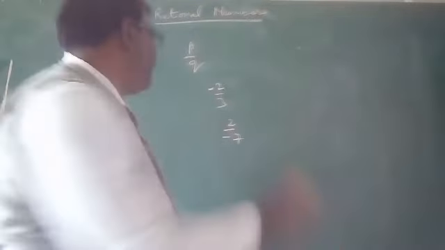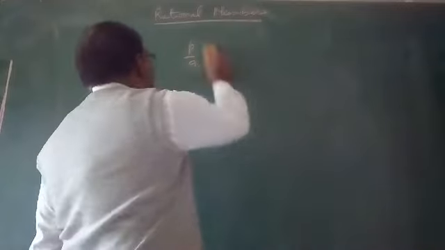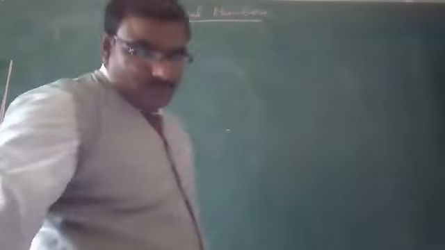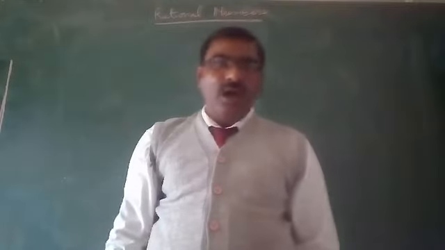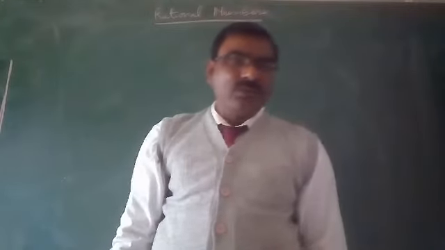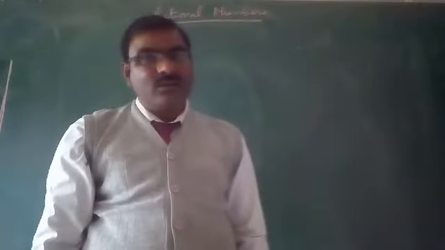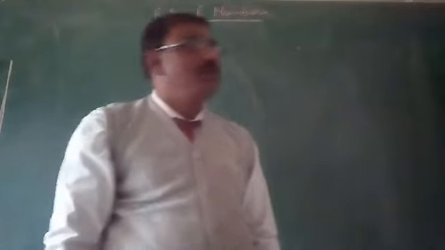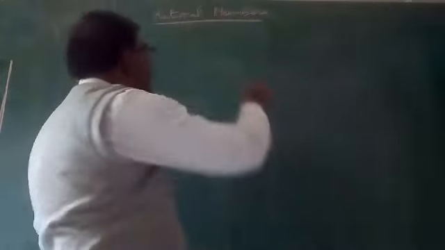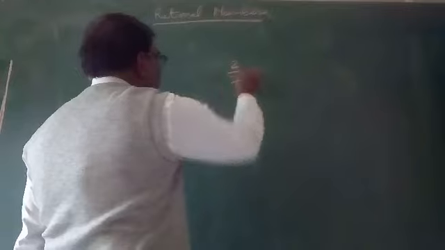But if p and q are both positive or both negative, then the rational number is called a positive rational number. For example, 2 by 7.